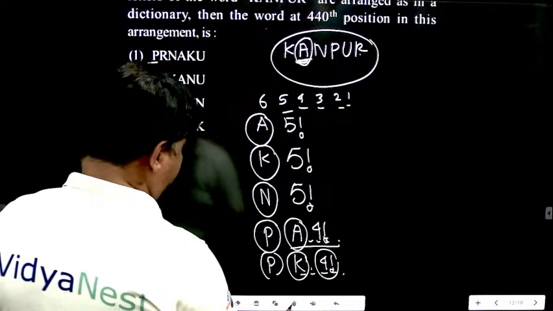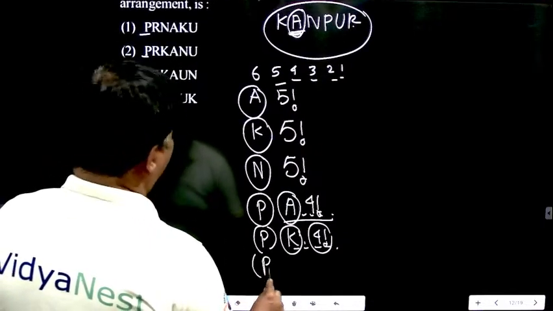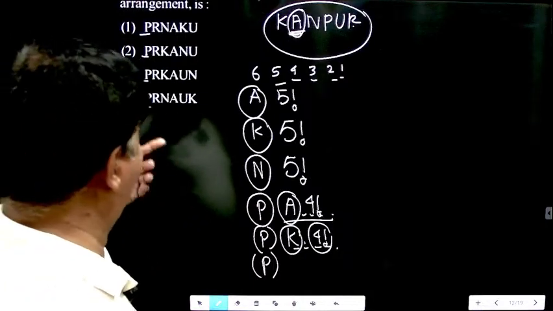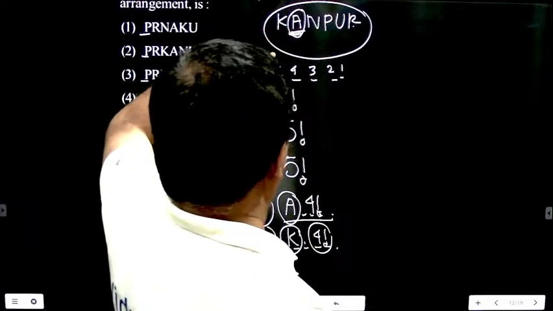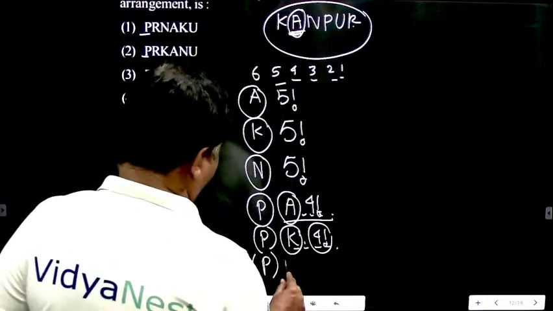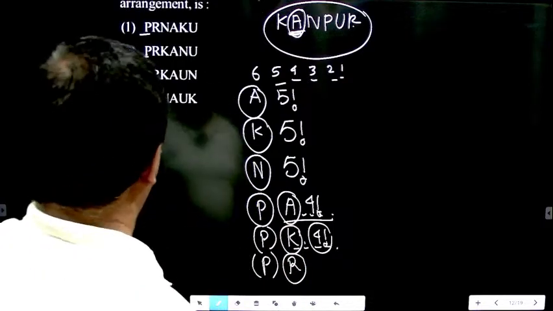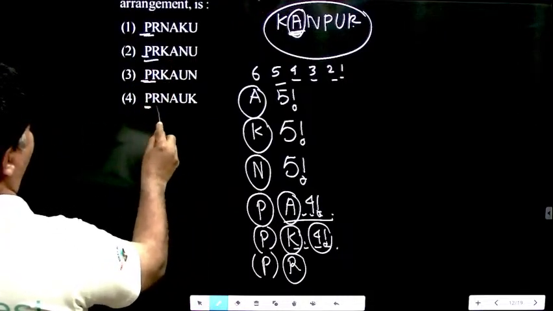Then according to the order of the letters after using A and K, P, R. See, in each of these words, the first 2 letters are paired.